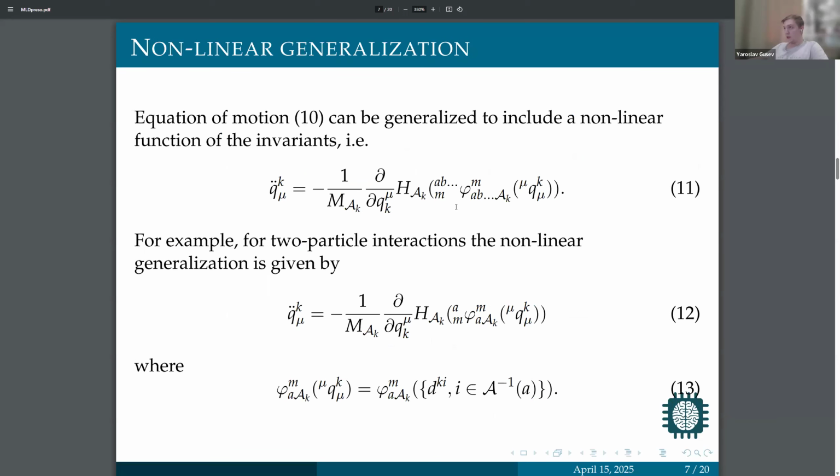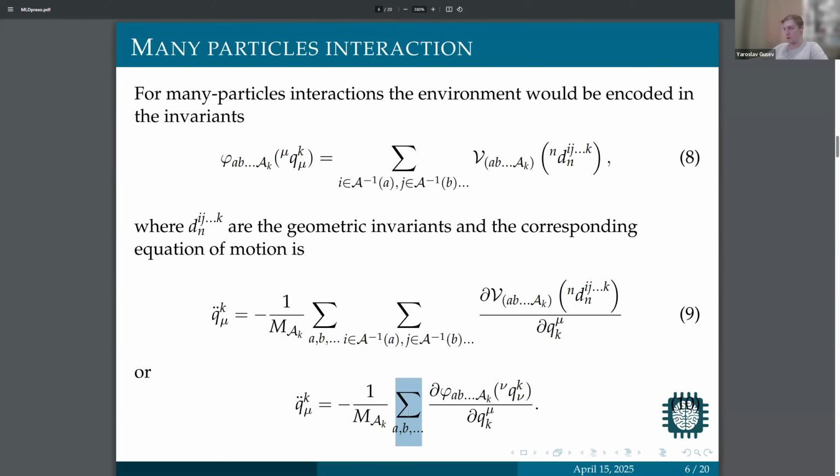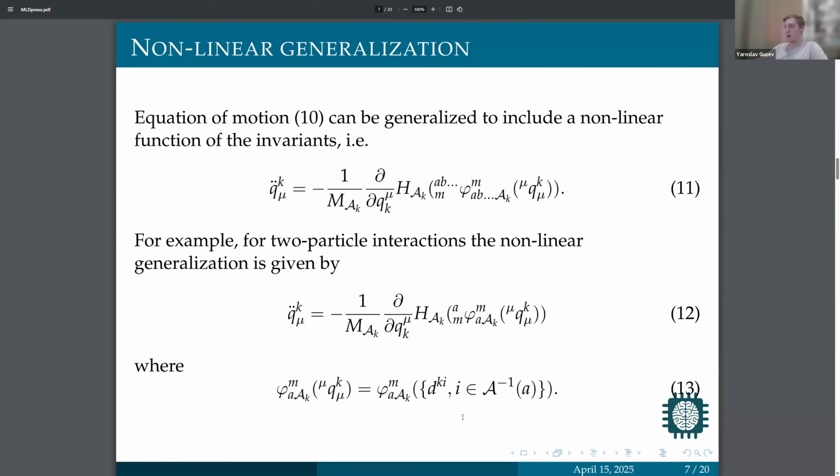Okay, and this is another generalization, the nonlinear generalization, actually. If you have your invariants phi, you may consider a nonlinear function of them, not just the sum of them, but a nonlinear function of your fields or invariants phi, and then the gradient of this function will give you the force or the acceleration.